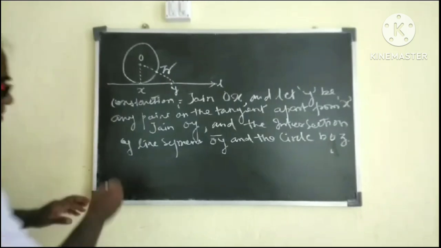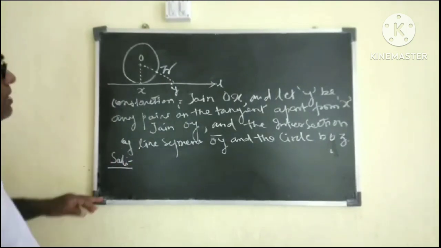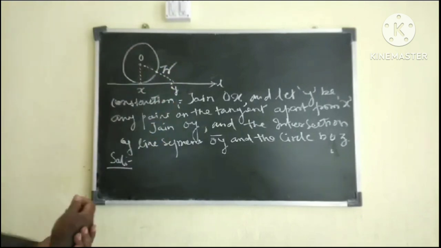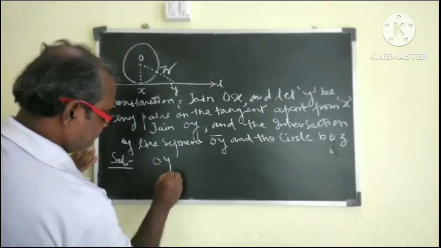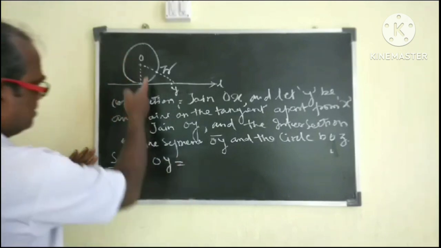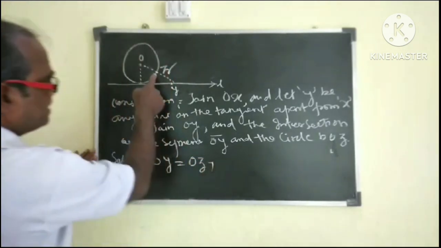Now the solution. From here we can see that OY can be written as OZ plus ZY.